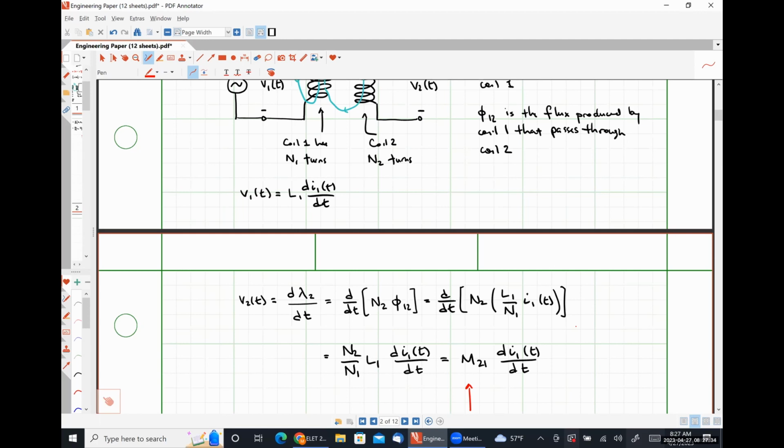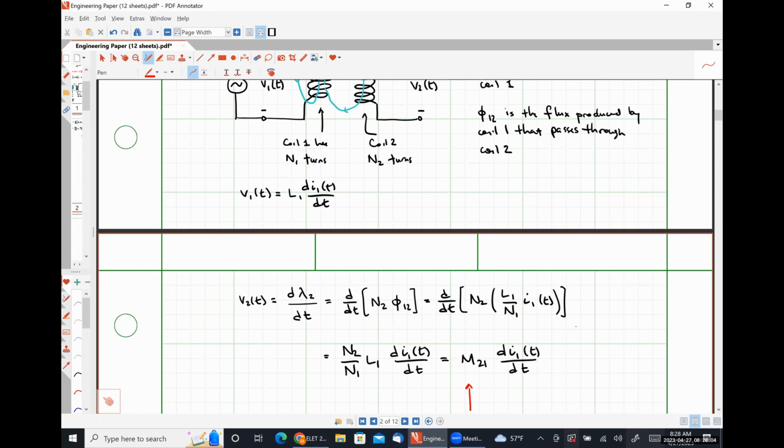So we are seeing an induced voltage across the terminals of coil number 2 because of the time varying current flowing through coil number 1. And we have mathematically described both the voltage drop induced across coil number 1 due to its self-inductance, and the voltage drop induced across coil number 2 due to the mutual inductance between the two coils.